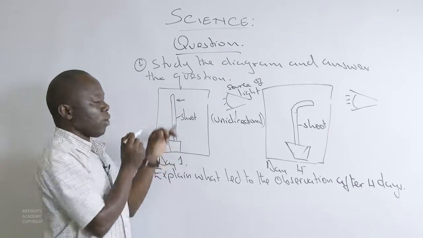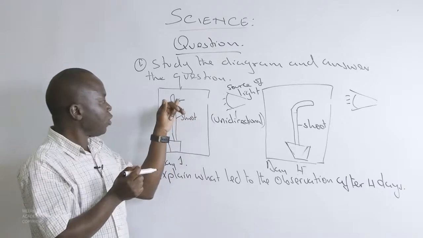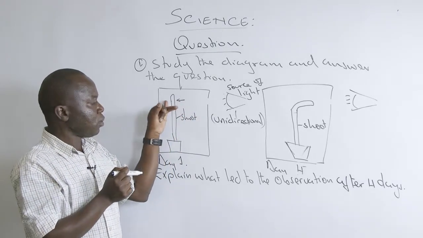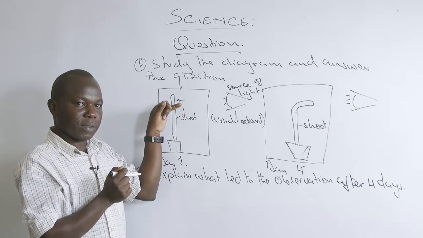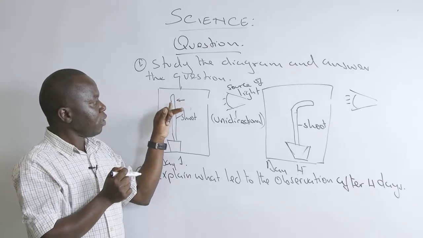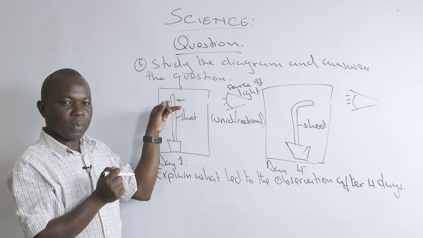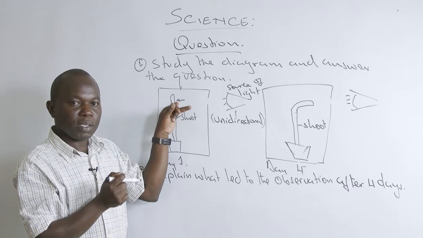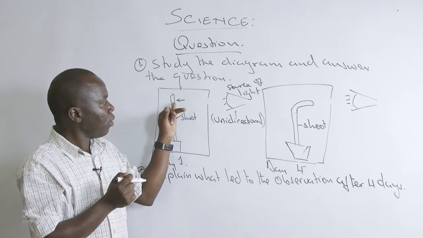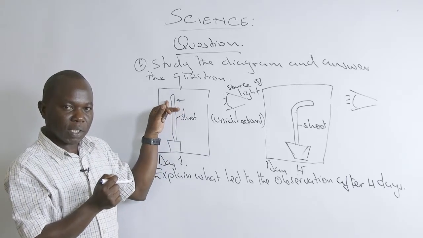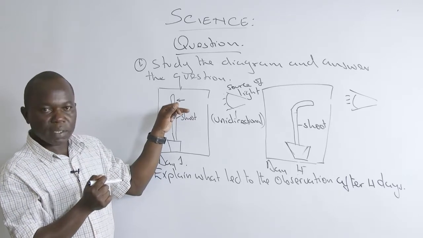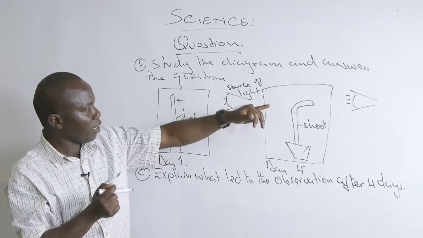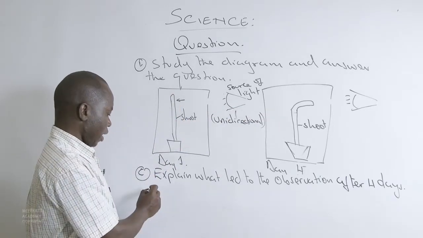That light will cause auxins to migrate from the side which is lit to the dark side, or the shaded side. So on the dark side, we are going to have increased cell elongation as compared to the lit side. When we have increased cell elongation on this side than on the lit side, therefore the shoot will bend towards the direction of light.